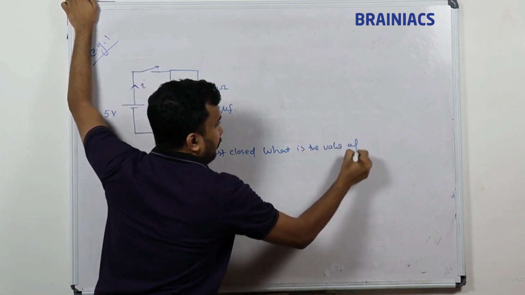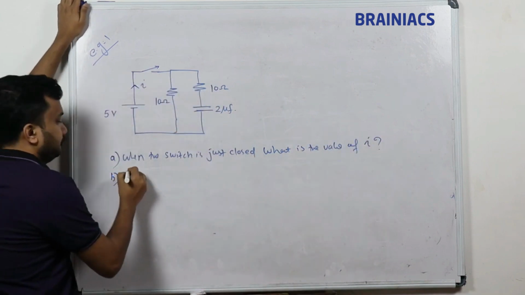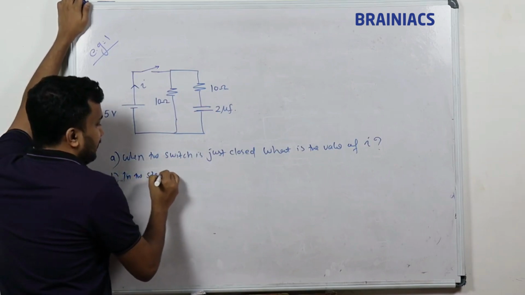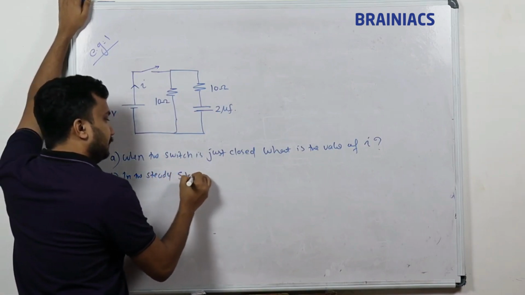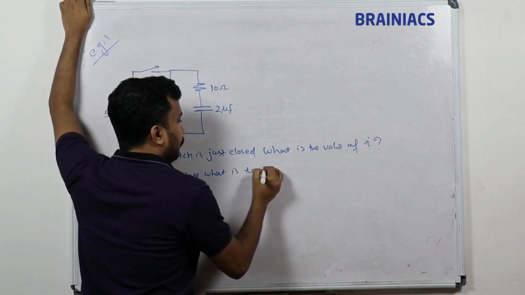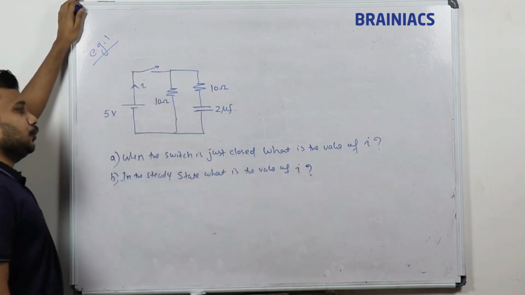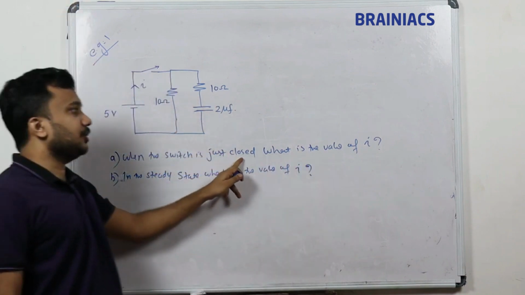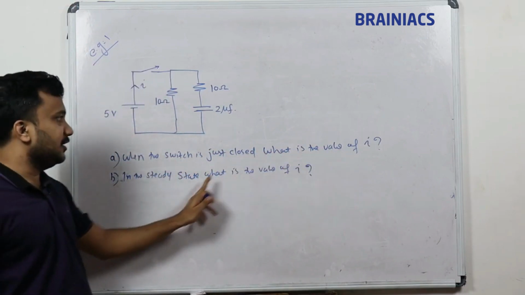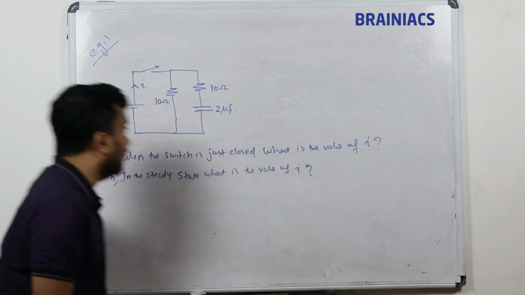Second question: in the steady state, what is the value of current? Again, two questions will be there. When the switch is just closed, what is the value of current? When in the steady state, what is the value of current? So we will answer this question as a two-part, A and B.